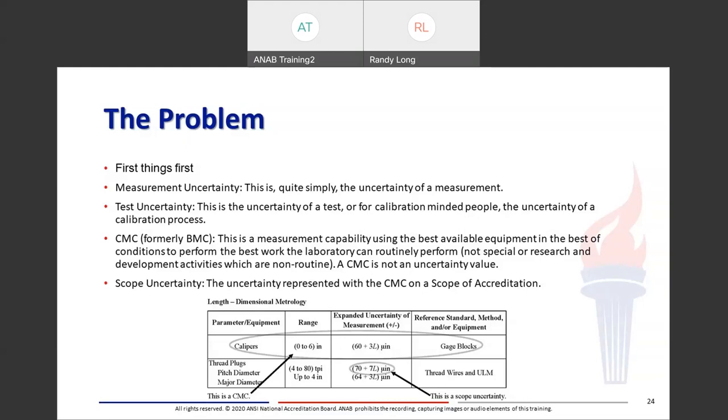A measurement uncertainty is quite simply the uncertainty of a particular measurement. A test uncertainty is the uncertainty of a test, or for calibration-minded people, the uncertainty of a calibration process. The CMC, as I mentioned, is a number of components, including the scope uncertainty. It represents the best case a laboratory can do for their customer.